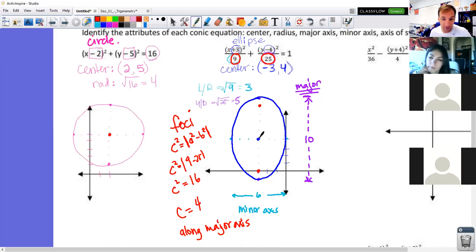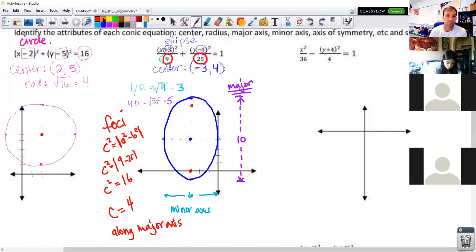The closer they are to the center, the rounder your graph will be. And the farther apart they are, the more elliptical it will be. Okay, so we have to find the center. We find the lengths of the major and minor axes, and you plot the foci, which is plural for focus. And that's how we do our ellipse.